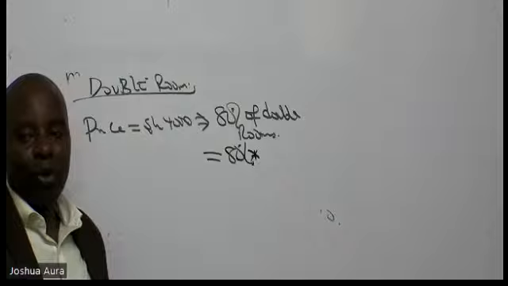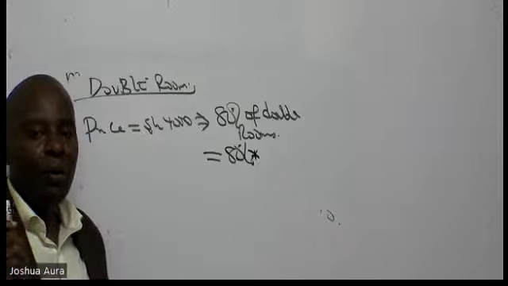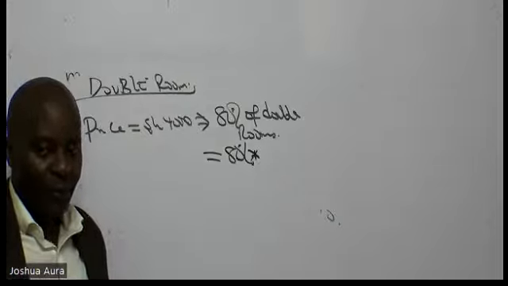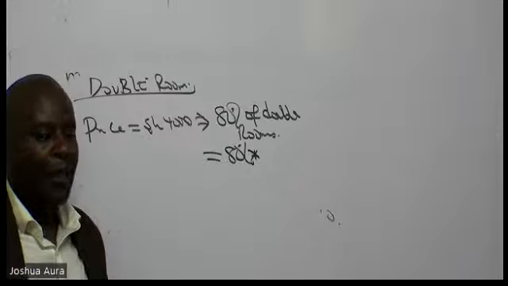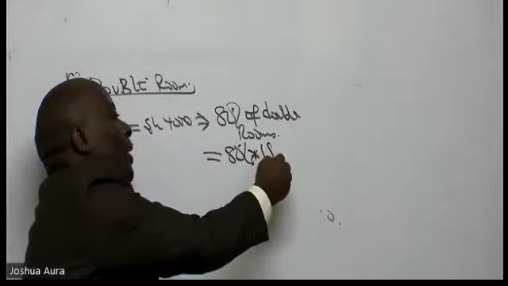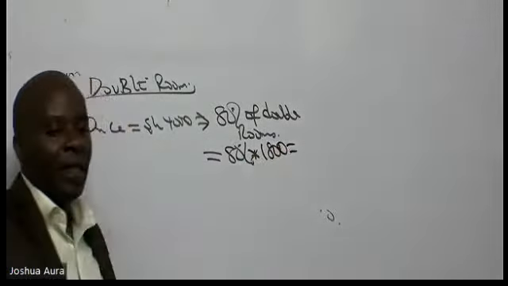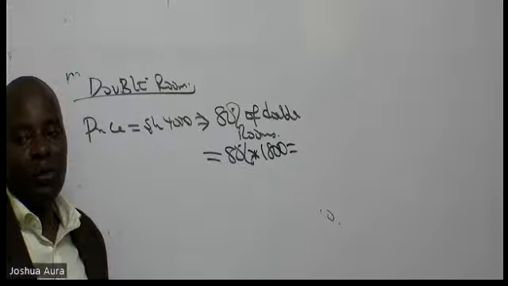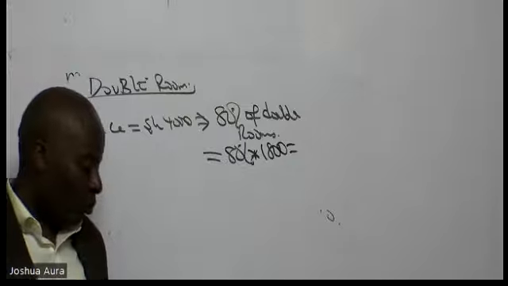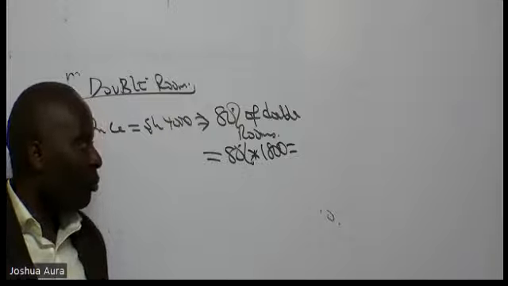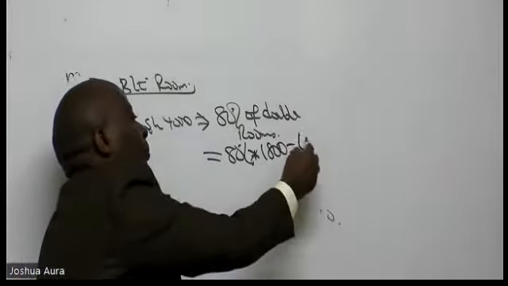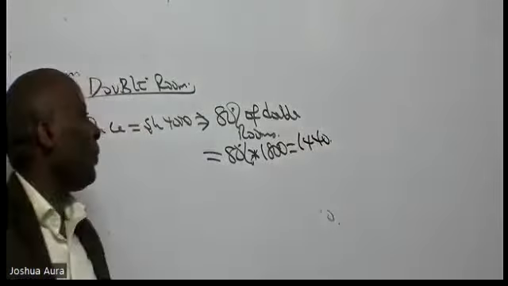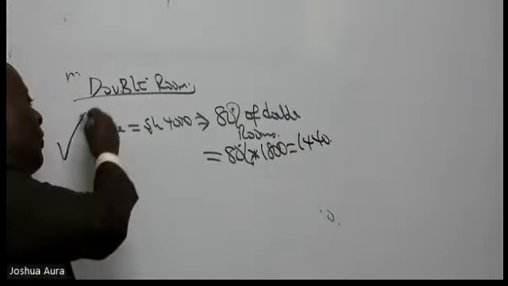Is there somebody who is able to remind us the number of double rooms that we have from the working we did up there? 1,800. So 80% of 1,800 gives me how much? 1,440. Great. So this is the first price.